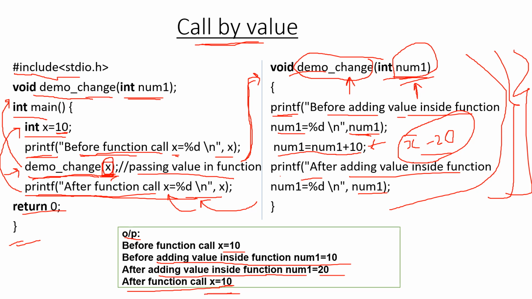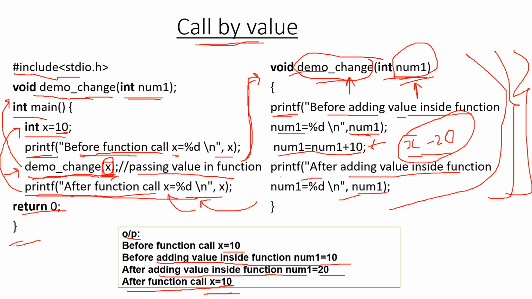Actual and formal parameters are stored in different memory locations, and the value is never changed inside the function by the caller. No doubt in the calling function it is getting changed. Okay, x is getting printed here, but only till the demo change execution.